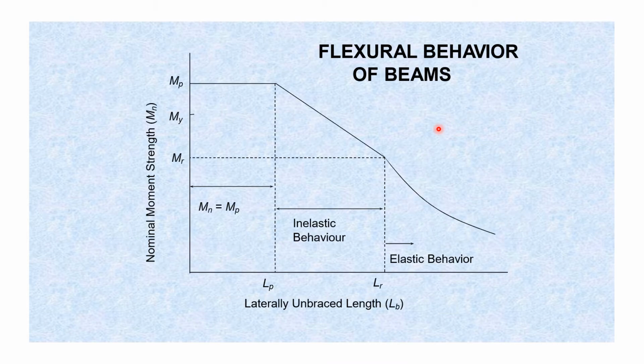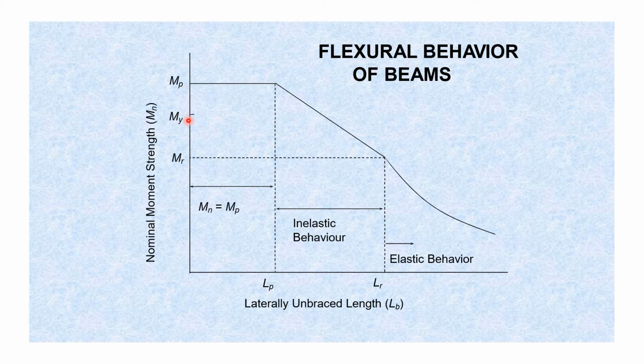That is the most important thing, the flexural behavior of the beam. For example, if some constant moment or a constant loading is applied on the beam, and if the unbraced length of the beam, LB, is less than LP, then the full plastic moment capacity will be formed.